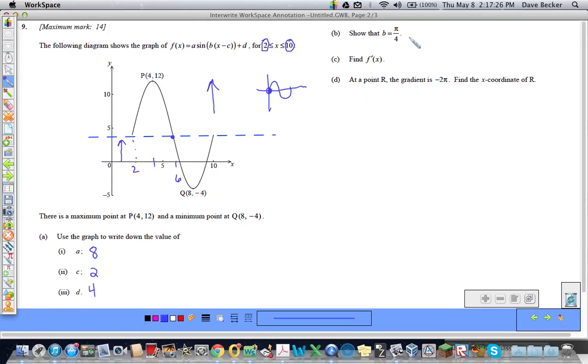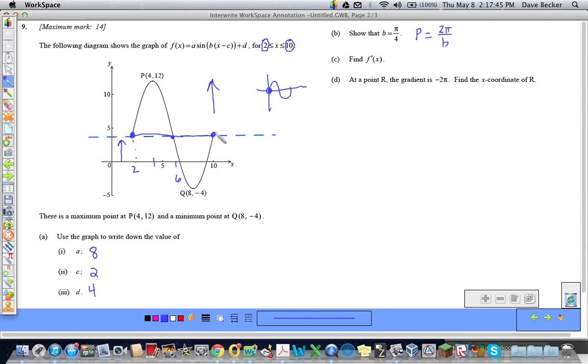B equals 2 pi over 4. Well, we know the period is equal to 2 pi over B. The period is how long it takes to cycle from here to here.